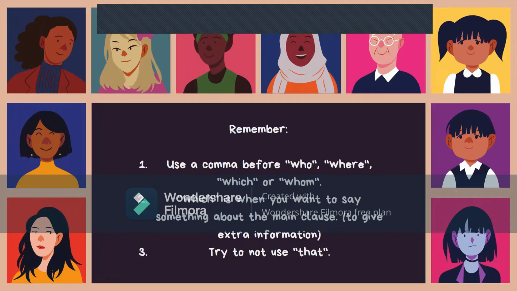Why? Because sometimes with who and which we can also say that, but we try to avoid it. It's a rule that you can use it, but if we use who and which, it will sound better and it will be more formal. All right.